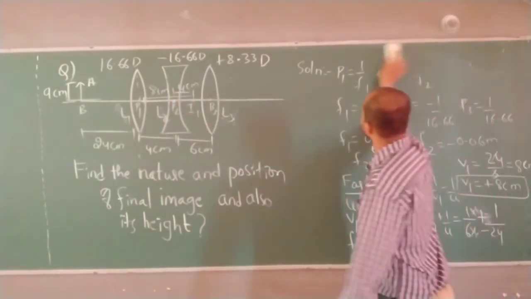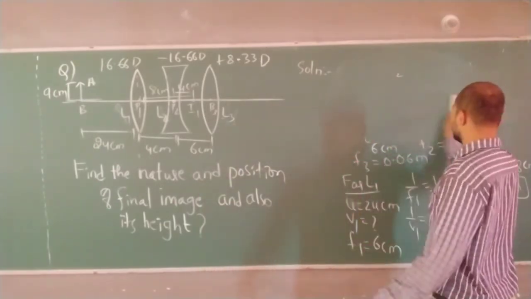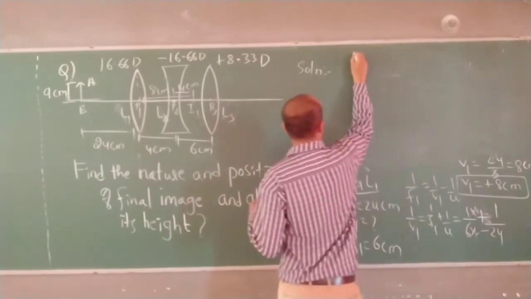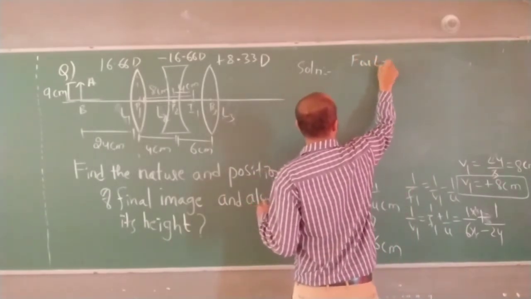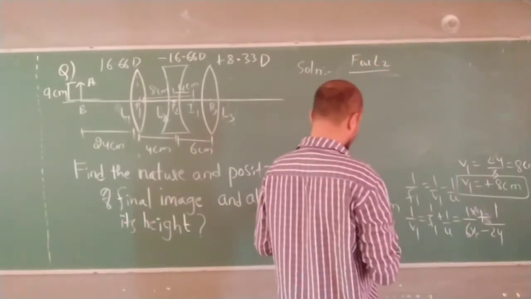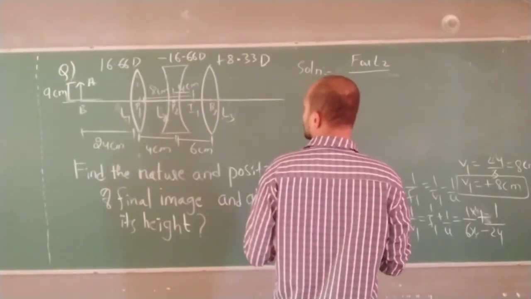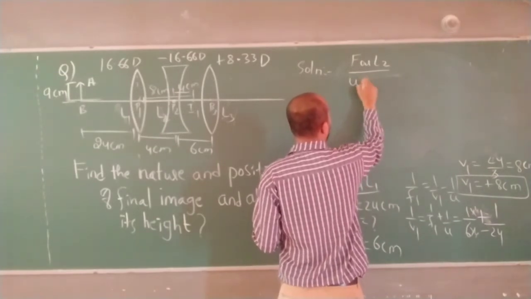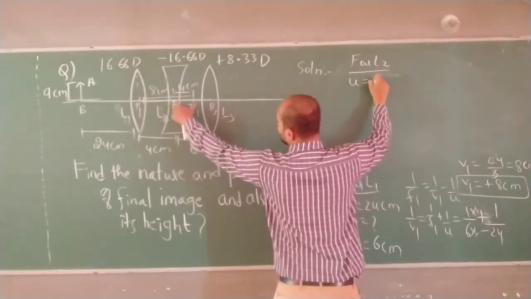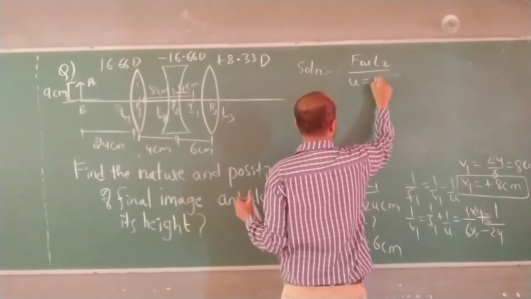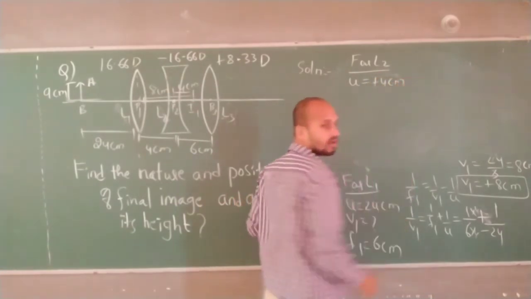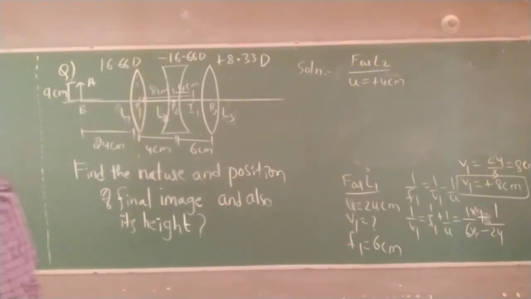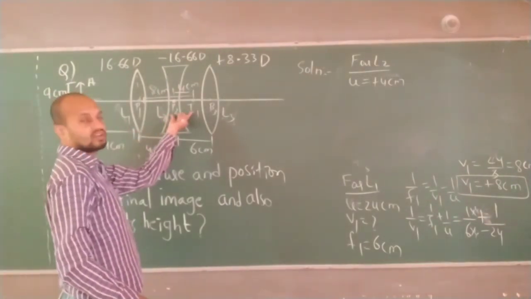So we will take that. Let us talk about the second lens. For L2, the object distance is plus 4 centimeter.